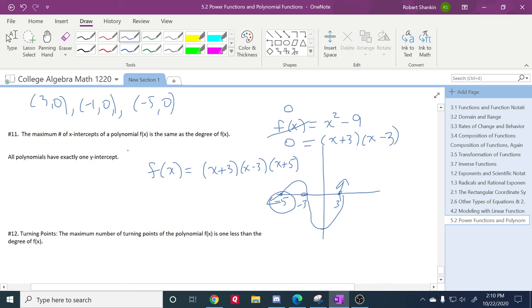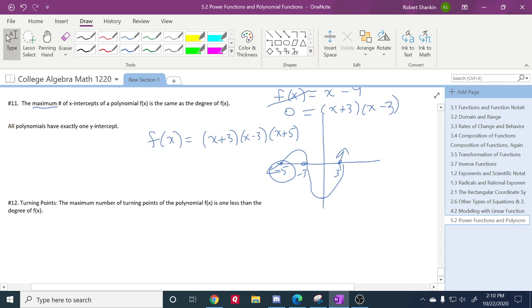Now, why do we say maximum? Well, it doesn't have to have. Just because it's second degree doesn't mean it has 2 x-intercepts.